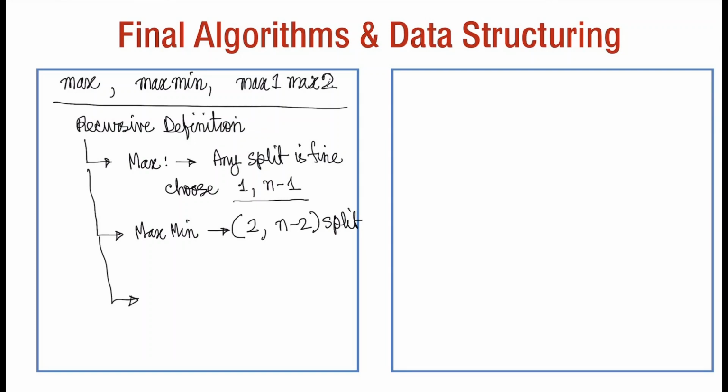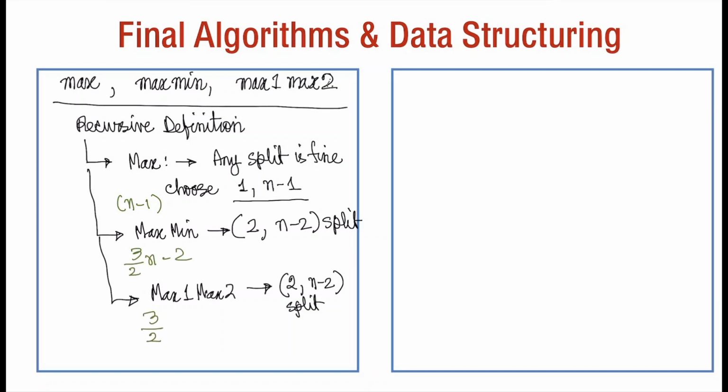And for max 1, max 2, again we found that the 2 n minus 2 split is also excellent. It is identical, and therefore the complexities that we got in each case, here we got n minus 1, here we got 3 by 2 n minus 2, here we got 3 by 2 n minus 2.